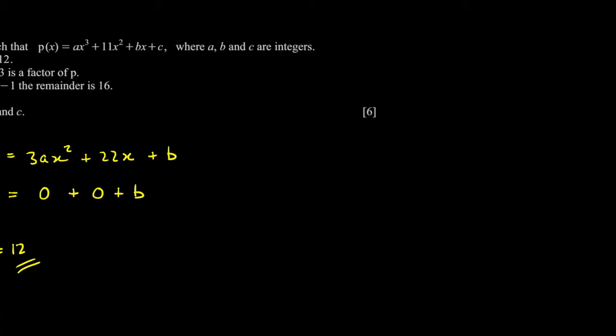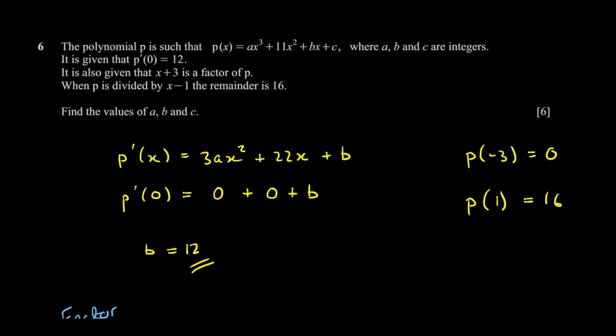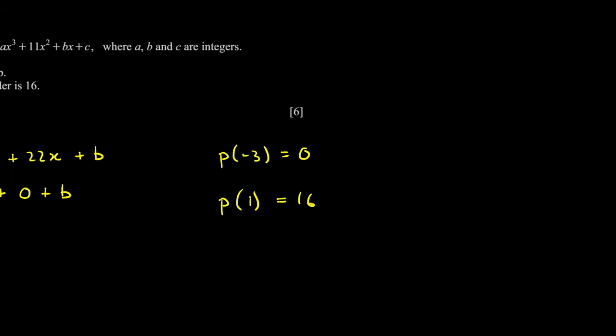Statement 2 basically means that p of -3 will be equal to 0. That's the factor theorem. And the last one is p of 1 will be equal to 16. So now I've just got to substitute in. If I substitute -3 into the polynomial, I get -27a, plus -3 squared is 9, so plus 99, plus b times -3.